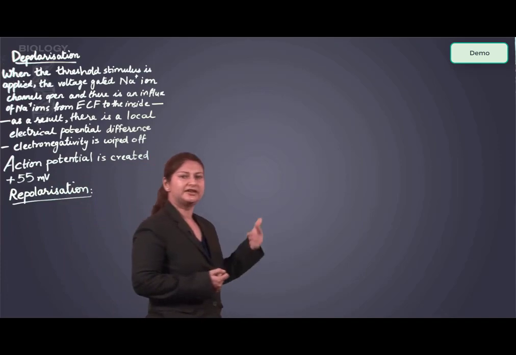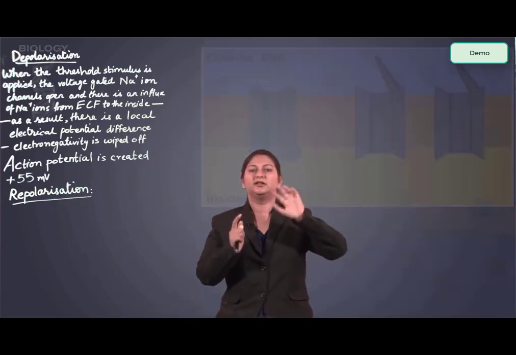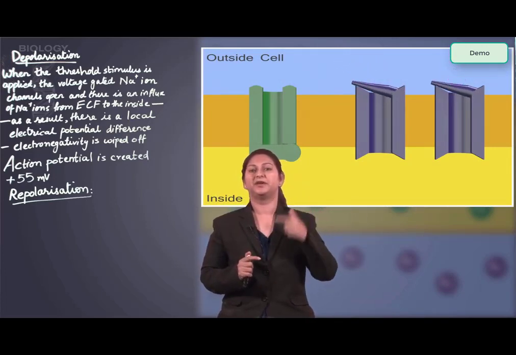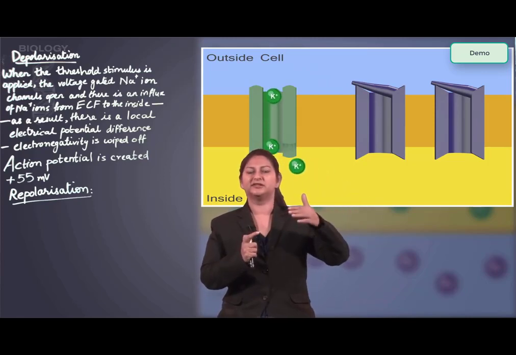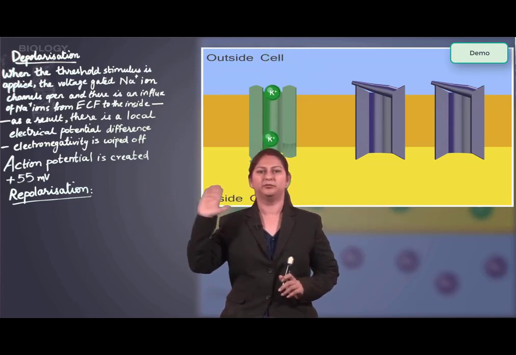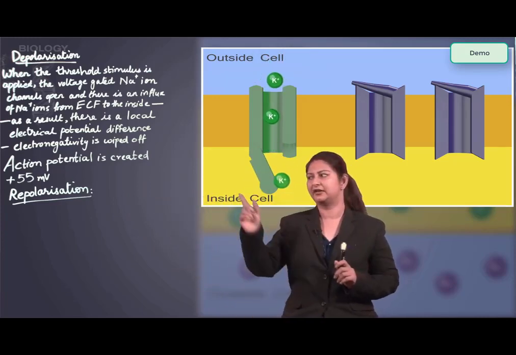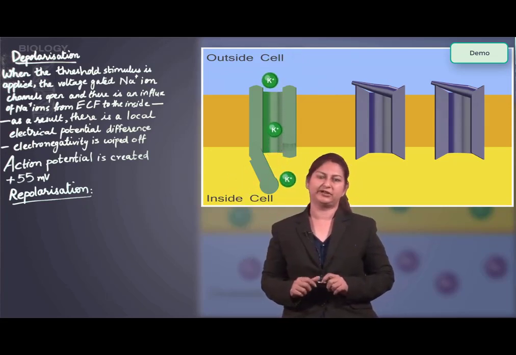Because of the increased positive atmosphere inside, the sodium gates will now close and the potassium gates will open, and now the potassium ions will start moving, and that will bring the neuron, the activated neuron, back to its rest, and that is repolarization, exactly opposite of depolarization.